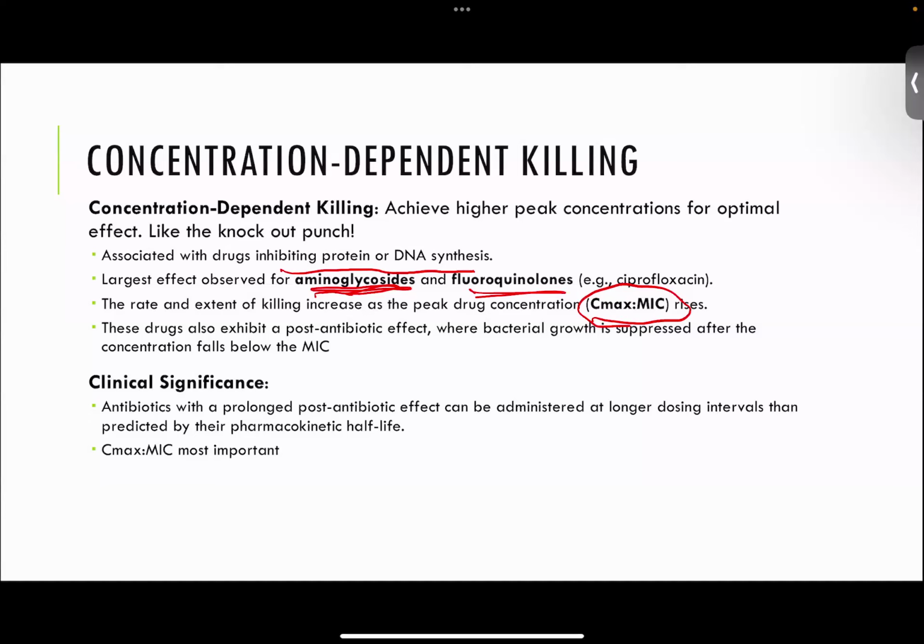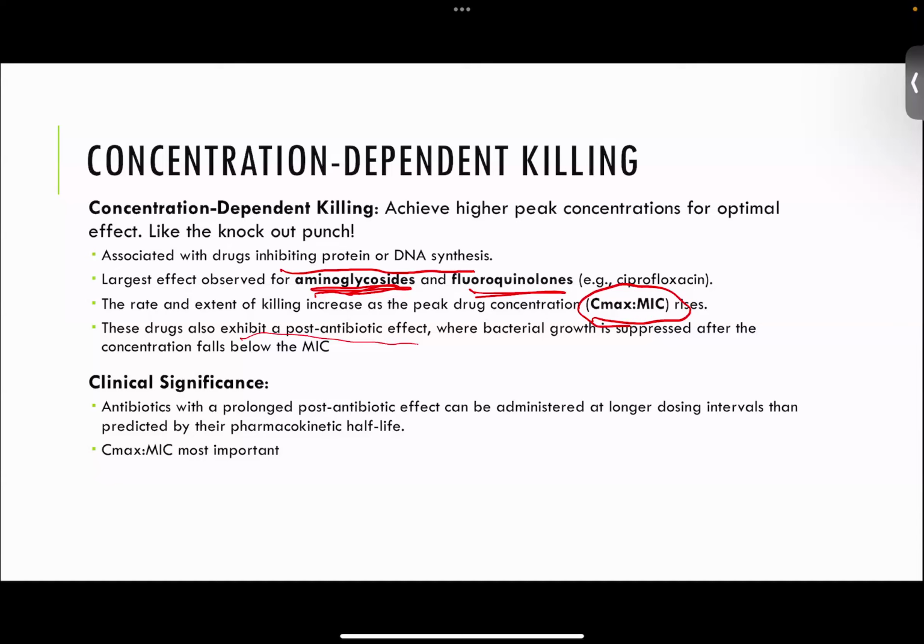All right. These drugs also exhibit a post-antibiotic effect, which I'm not going to talk about too much other than to say, again, it's named well, that even if the concentrations fall below what we think is the inhibitory concentration, like the MIC, they still seem to have a longer lasting effect than we would predict. So there's something else that's happening.